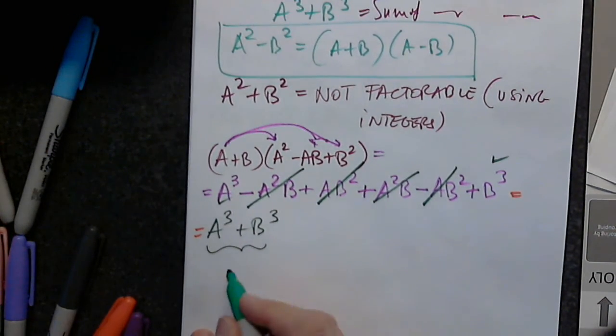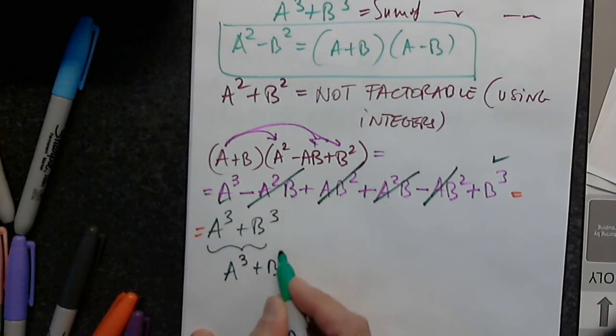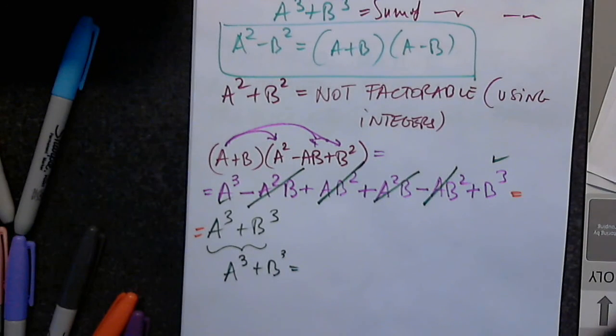That's it. So then one more time, can anyone tell us how to change the sum of cubes into a product of two factors? Can anyone dictate?